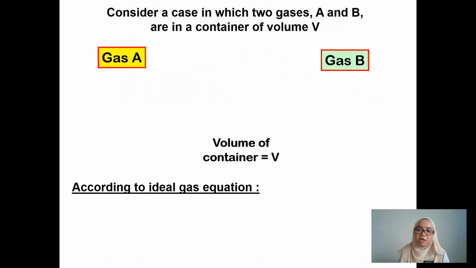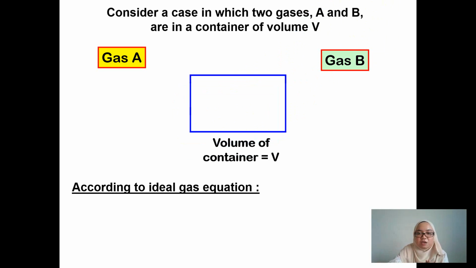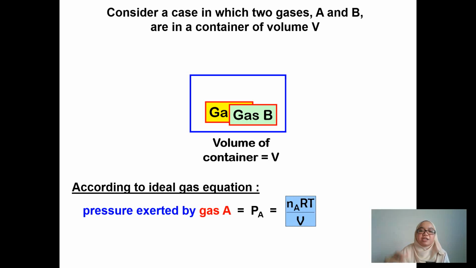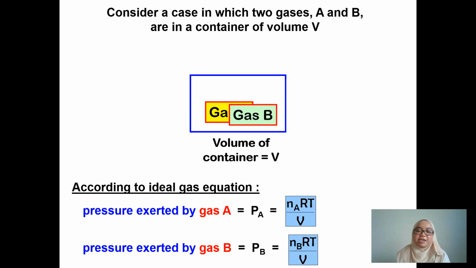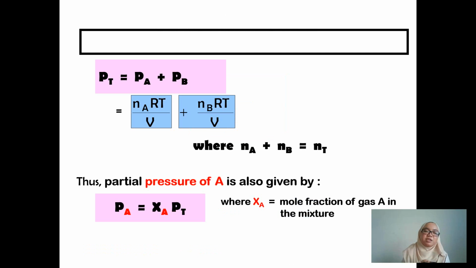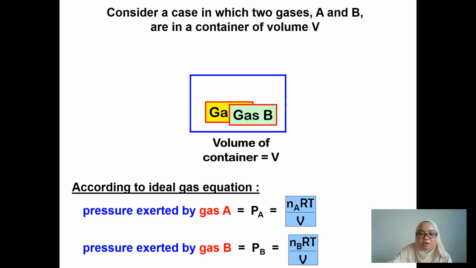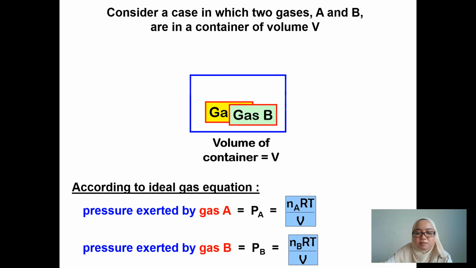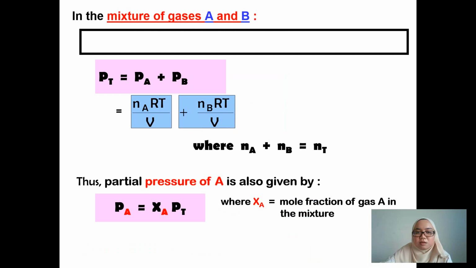Okay, so now we consider a case in which there are two gases, A and B, in a container of volume V. Both gases are inside the container with volume V. According to the ideal gas equation, the pressure exerted by gas A is PA equals nART over V. The pressure exerted by gas B is PB equals nBRT over V. So they have separate pressures.